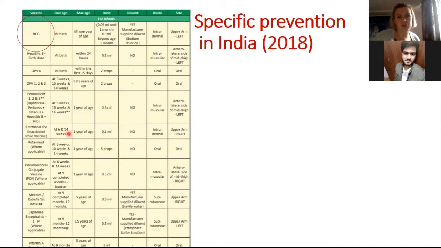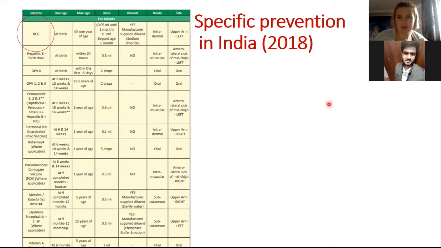You can see this immunization schedule of India 2018, and we can see BCG at birth, maybe on the second or third day after birth. Medical workers will give this vaccine in India. But if we check, there is vitamin A, but no revaccination in your country.